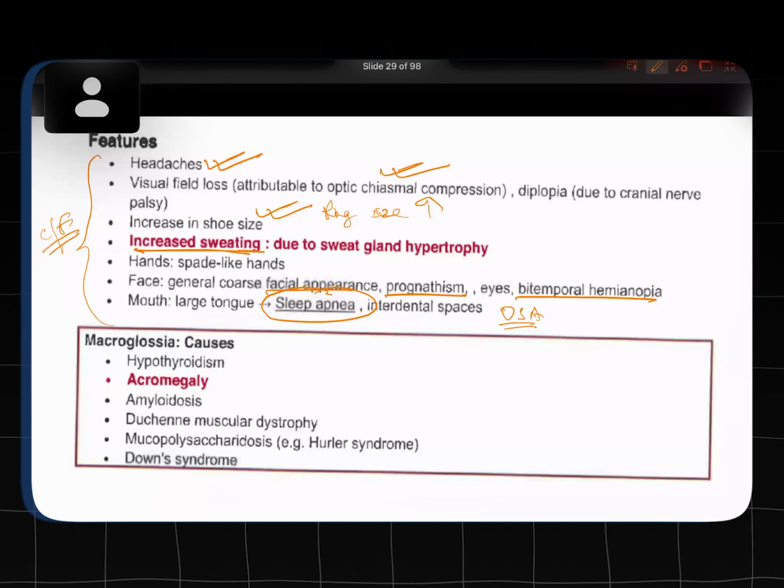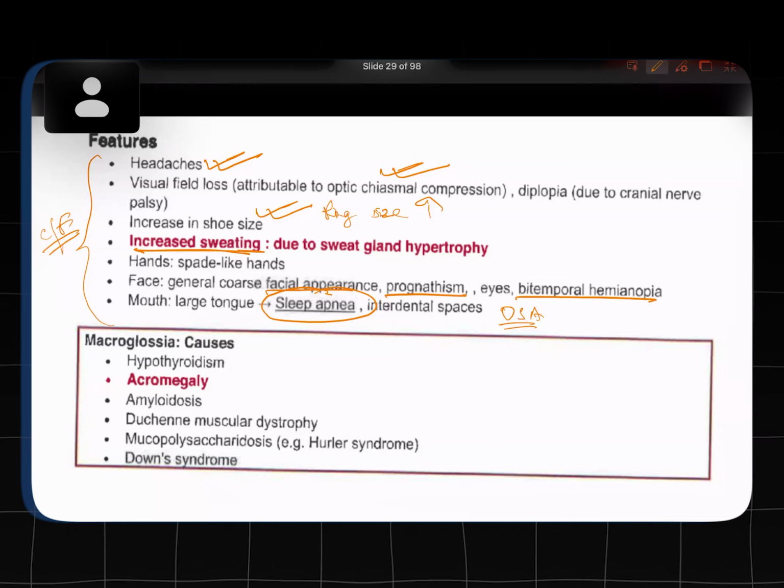Every question can appear in the MCQ, especially in part 2. They will tell that the patient has presented with a complaint of ill-fitting shoes with a problem with the hands, and the patient does not want to be photographed. This I'm telling of an actual MCQ. And the answer was acromegaly.